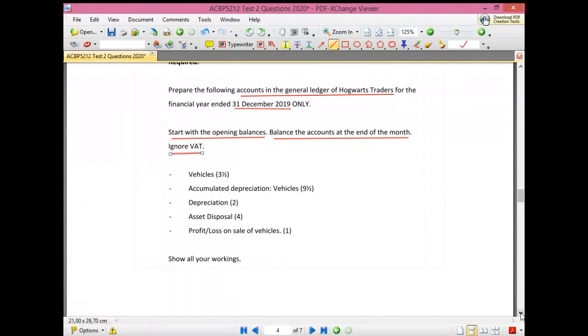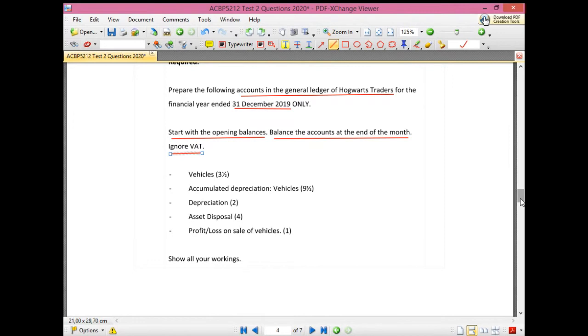Normally what most people do incorrectly is they apportion the incorrect months or apply the incorrect method, so instead of applying cost, they apply reducing balance or vice versa, but you still get a mark. If you have to do the reducing balance method, you would still get a mark for the percentage, a mark for the cost price, and a mark for the period that you have to allocate. So out of the 4 marks, you would then only lose 1.